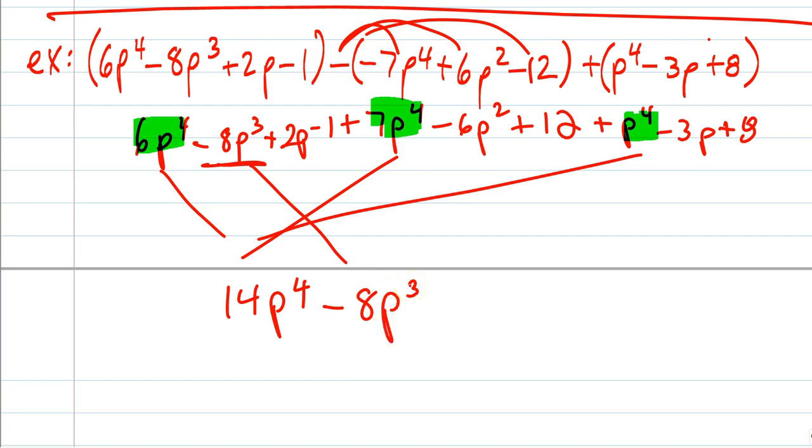The next highest degree is p squared. I see a minus 6p squared. Are there any others? Then just bring it down. My next highest degree is p to the 1st.